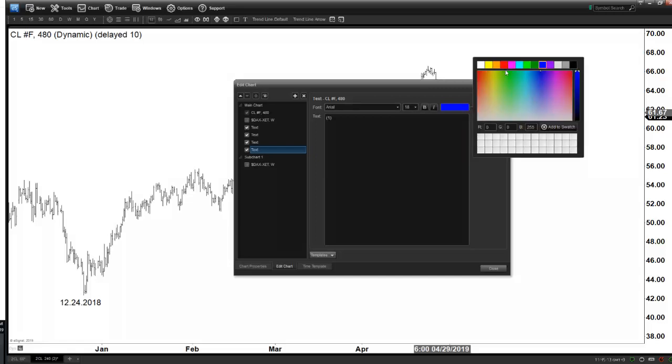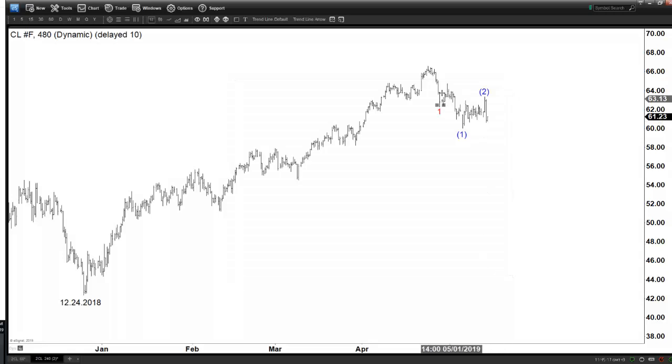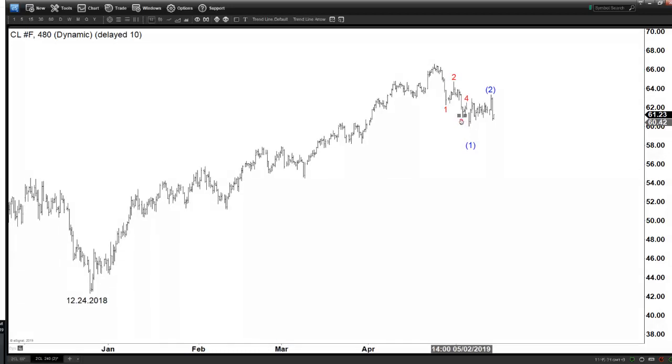Now technically it could be either wave 1 or wave A. Both are possibilities. This could be an ending diagonal, by the way, in case you wonder why wave 4 overlaps with wave 1. I got a lot of questions about why it is overlapping. Well, it can overlap when it is a diagonal, either a leading diagonal or an ending diagonal.